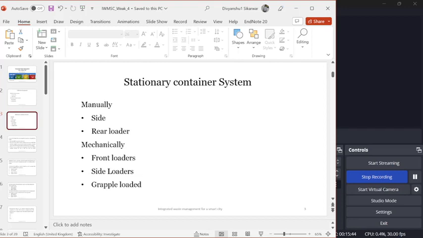The second system is on the basis of weight. In the weight system, you can compact the waste and reduce its volume, and in the same container you can store a large amount of waste in terms of weight.